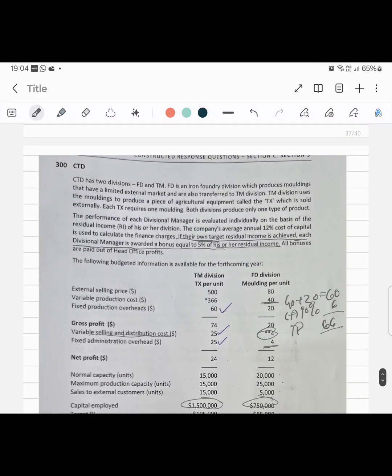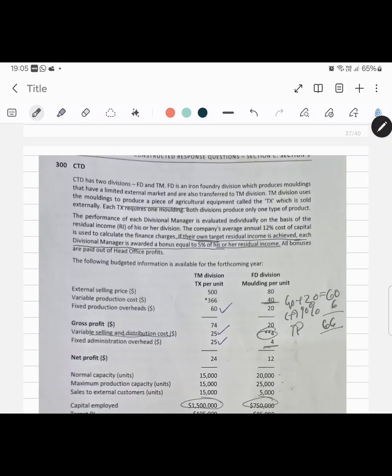Is there any reason? Let's read the question. FD is an iron factory division which produces moldings that have limited external sales and are also transferred to TM. TM uses the moldings to produce a piece of agriculture equipment called TX, which is sold. Each TX requires one molding. Both divisions produce only one type of product.